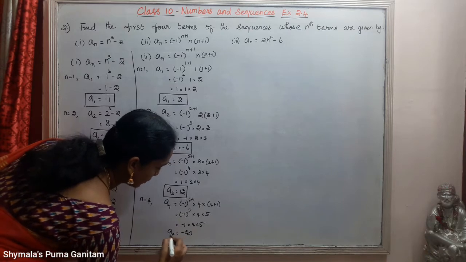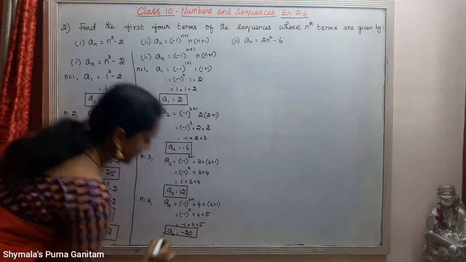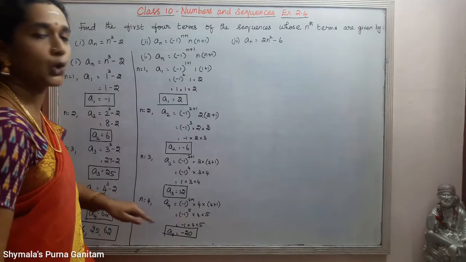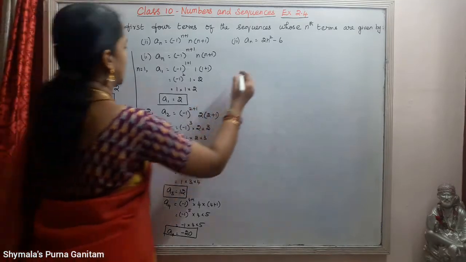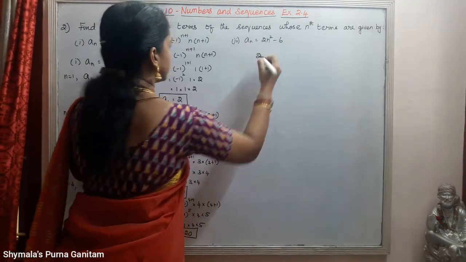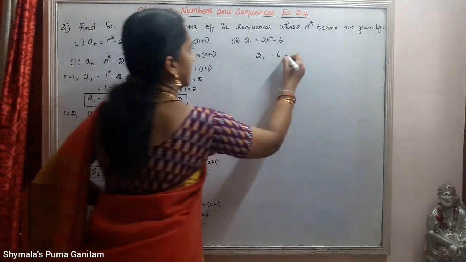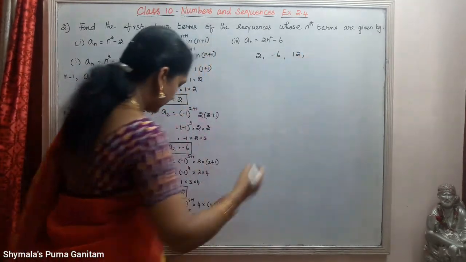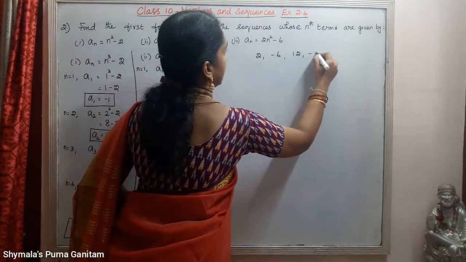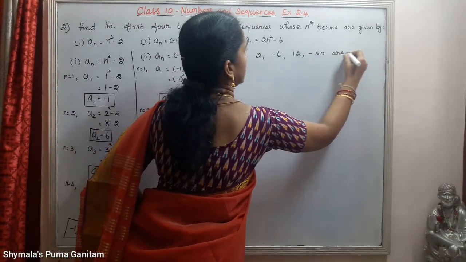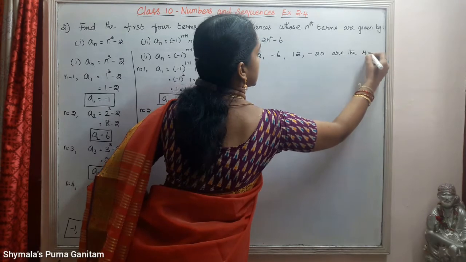So a4 is minus 20. So we got four terms for this. What are the four terms? 2, then minus 6, then 12, then minus 20 are the four terms.